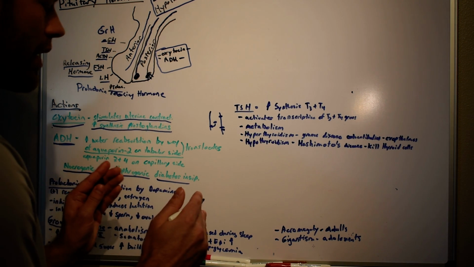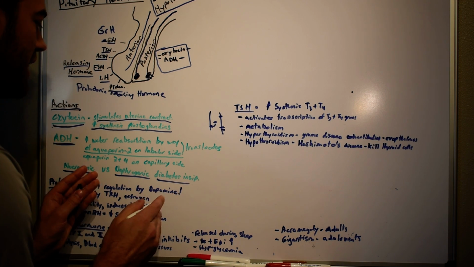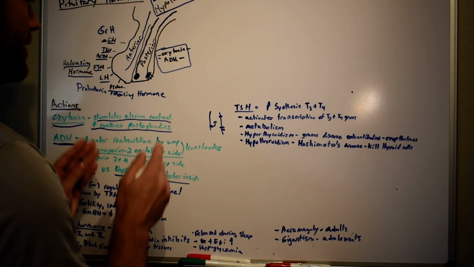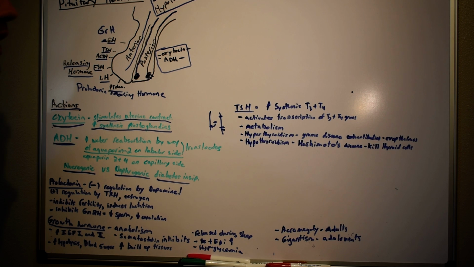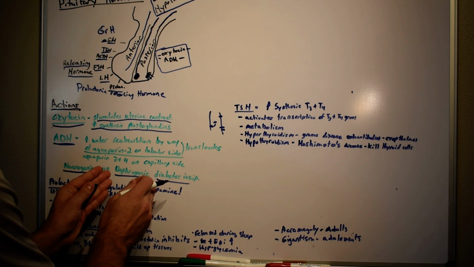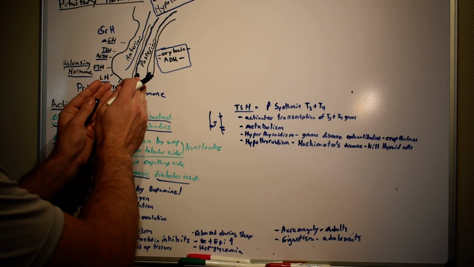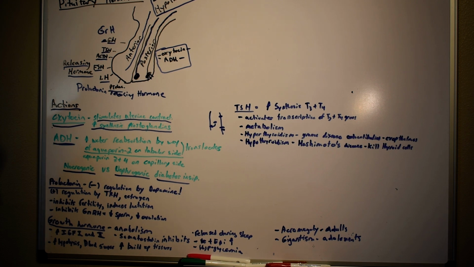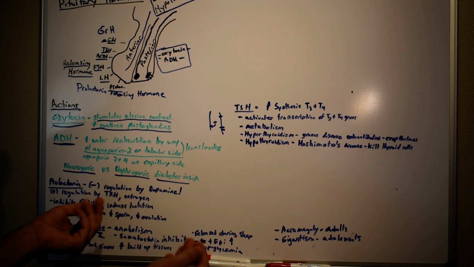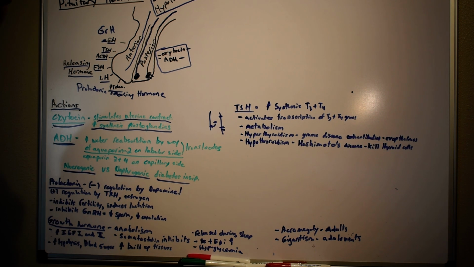Nephrogenic is characterized by the kidney being unable to respond to antidiuretic hormone. So in nephrogenic diabetes insipidus, the hypothalamus is secreting ADH like crazy, but we're not getting any response from the kidneys.